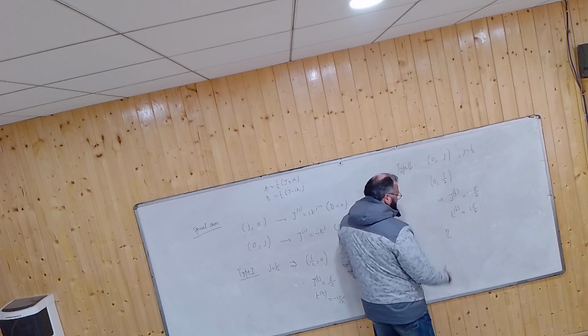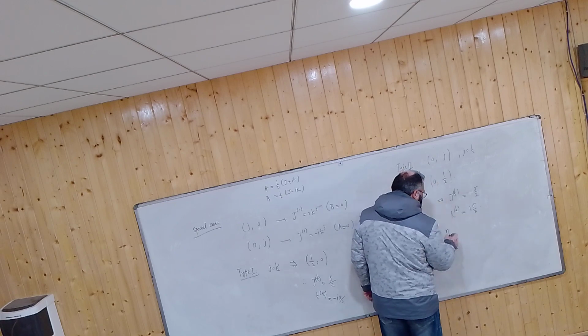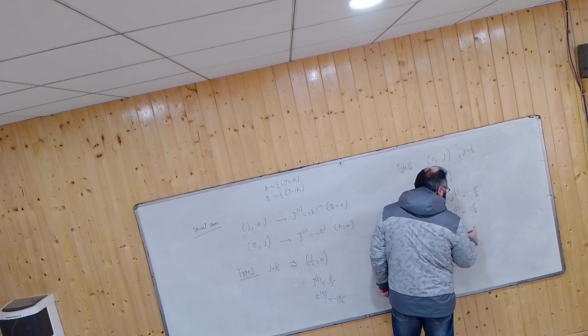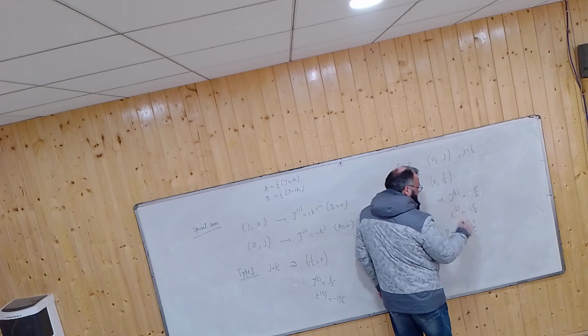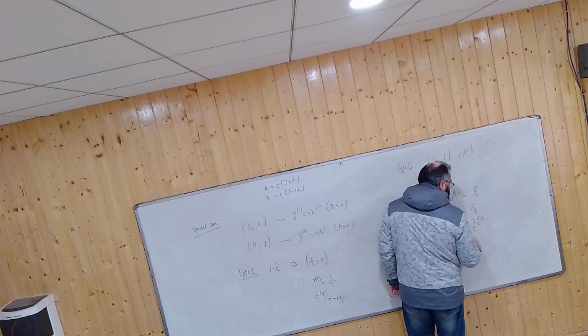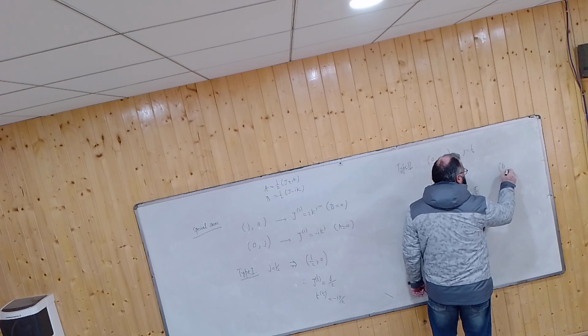So let's define these spinors by eta. Eta goes to eta prime, which is e raised to the power i J generator, sigma by 2, through an angle theta. Let me write theta and phi.